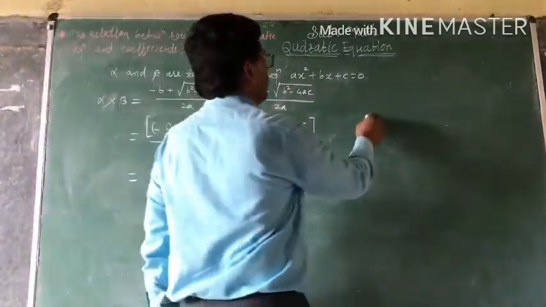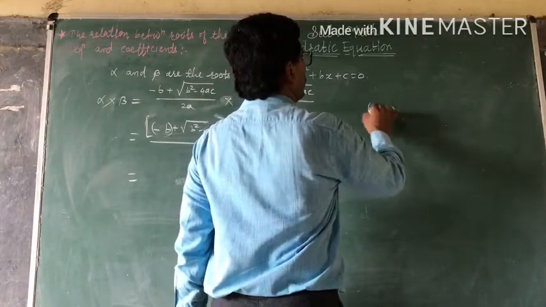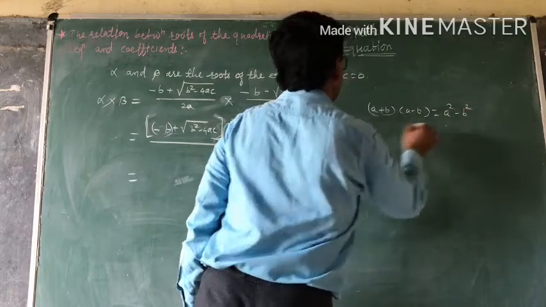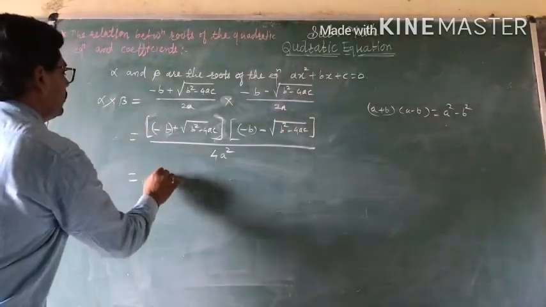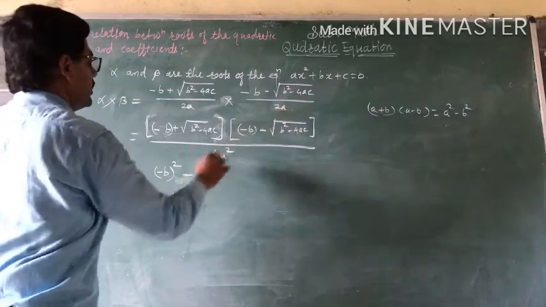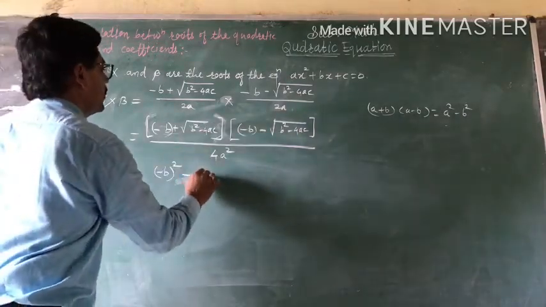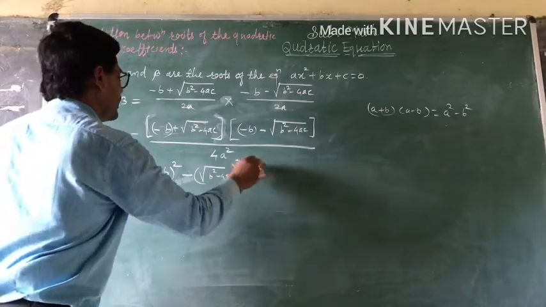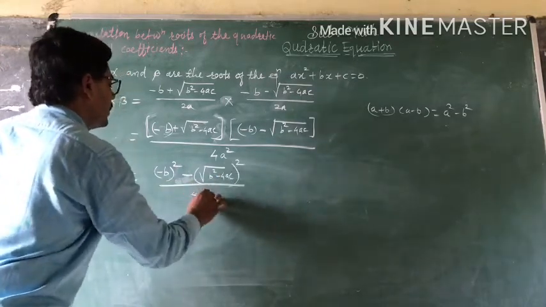You know the formula: a plus b into a minus b is equal to first term square minus second term square. Therefore, minus b whole square minus the square of the second term, root b square minus 4ac, upon 4a square.